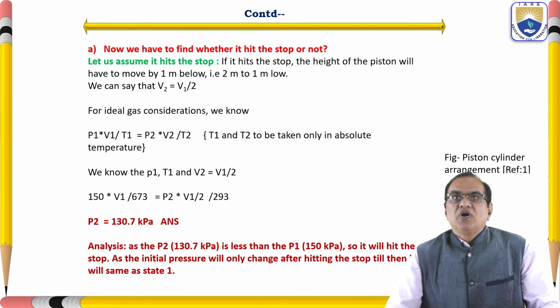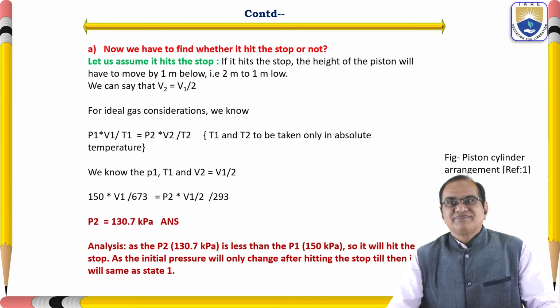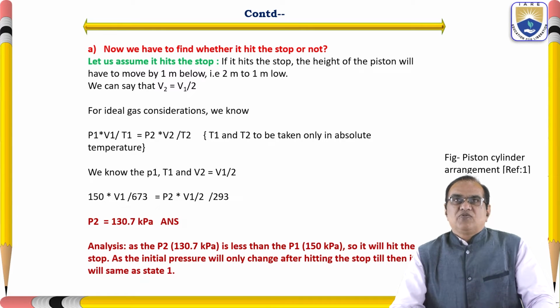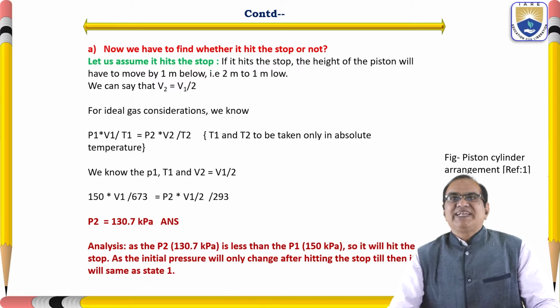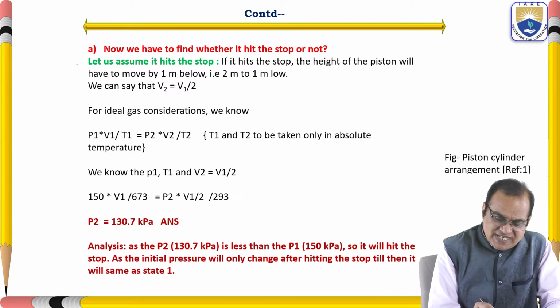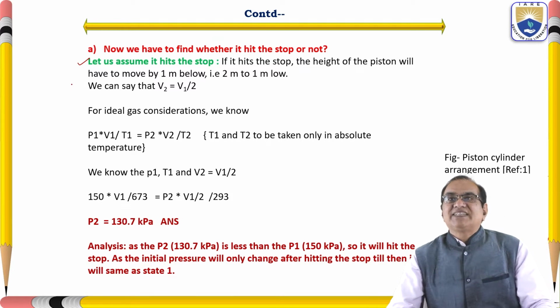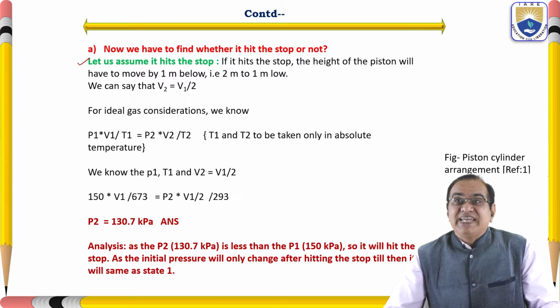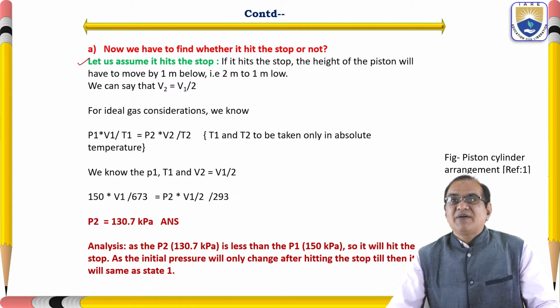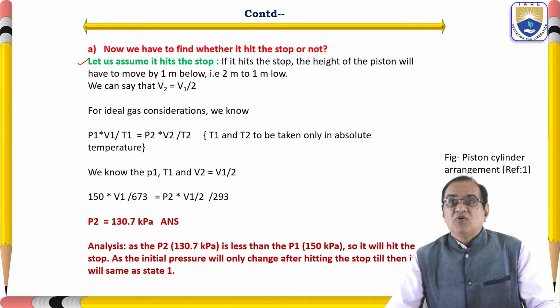Now we have to find whether it hits the stop or not. So let us assume it hits the stop. The first assumption is that it is hitting the stop. If it hits the stop, the height of the piston will have to move by 1 meter below, that is, 2 meter to 1 meter.